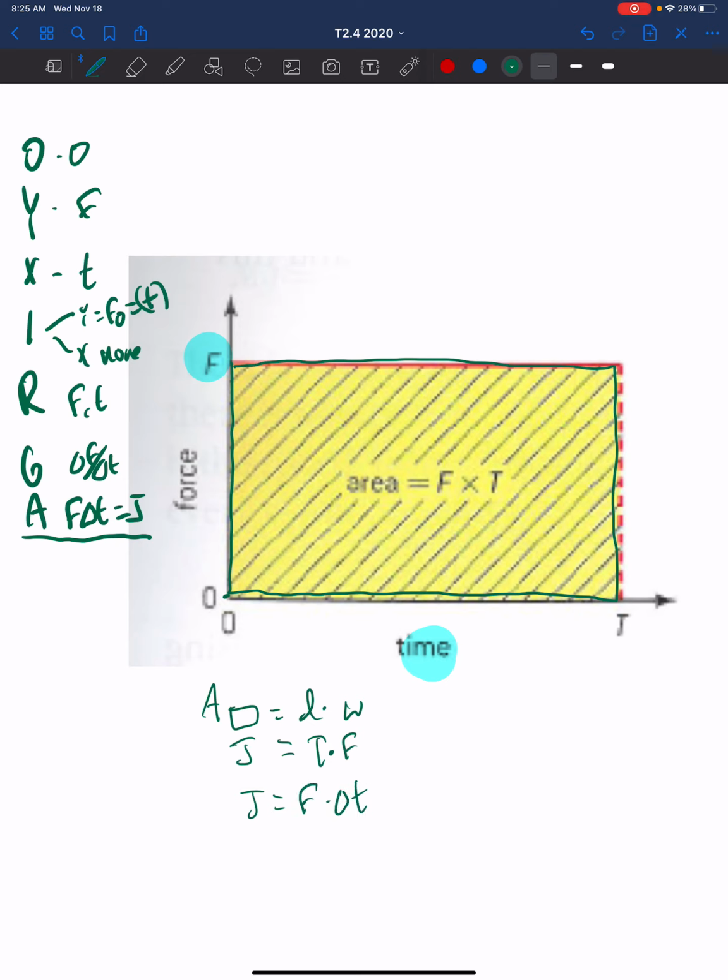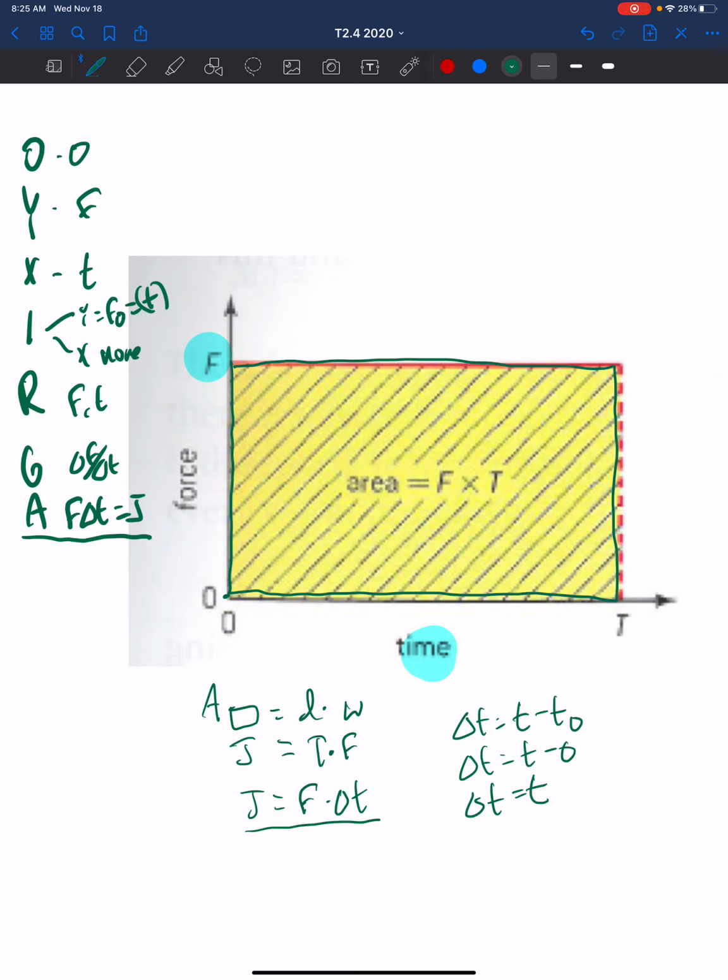F times delta T. And if we remember, delta T is T minus T0. And in our case, T0 is 0, so delta T equals T. So Ft, F delta T are equivalent in this case.